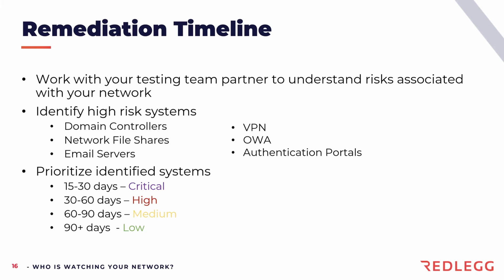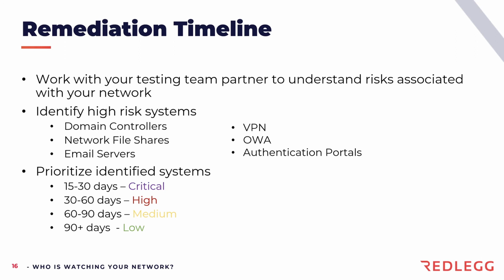So speaking of what Bill was saying, we can use many of our vulnerability VA spreadsheets to give a month-by-month checkup to your network, so you're kind of banging on the windows and seeing what's going on. Red Lake, as the testing partner, understands the risks associated with your network, especially if we're doing a vulnerability scan every month and a penetration test once or twice a year.